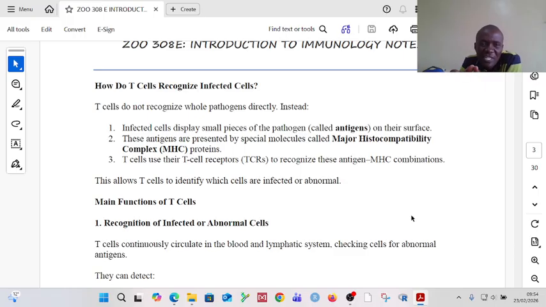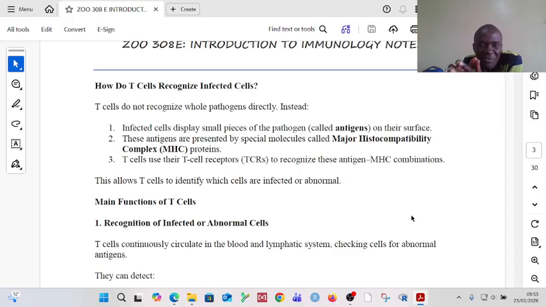So if, for example, there is an HIV infected cell, that cell will have antigens of the HIV virus on its surface. Then the MHC protein will bind to those HIV antigens on the surface of that infected cell.